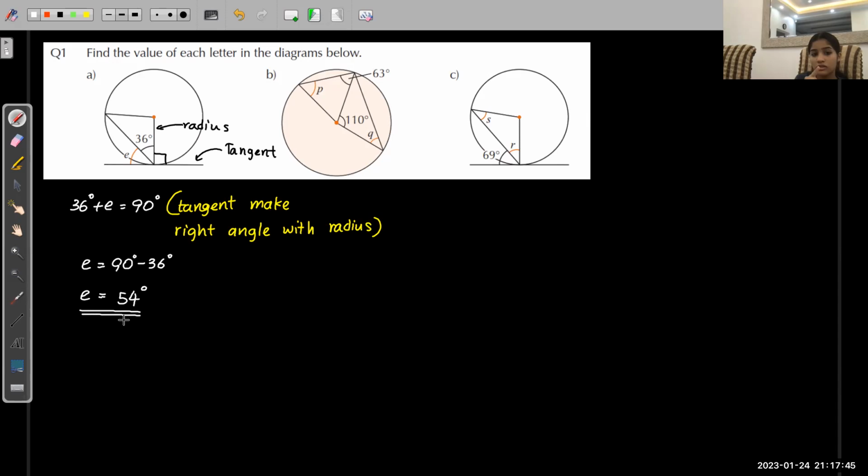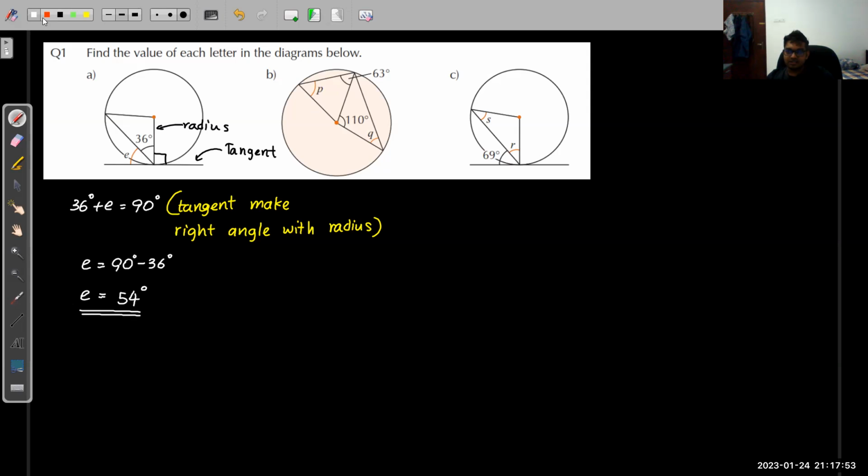So I do 36 plus E, and always it's equal to 90, right? It's equal to 90 because if this side is 90, this side is also 90.